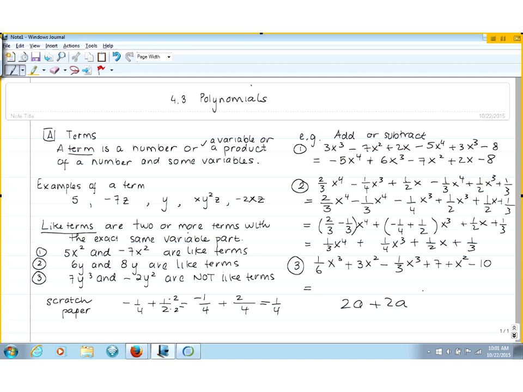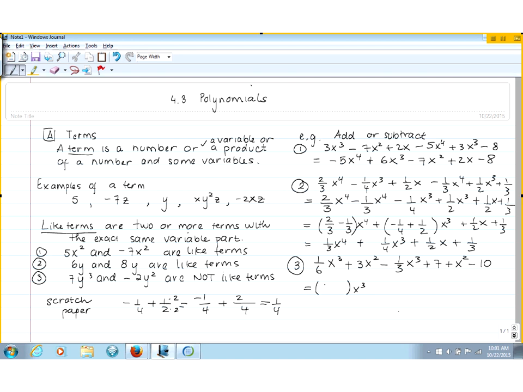Like if I have 2 apples plus 2 apples, what would this be? 4 apples, not 4 apples squared, right? So you can only add if you have like terms. Remember, 2 apples plus 2 apples is equal to 4 apples, not 4 apples squared.